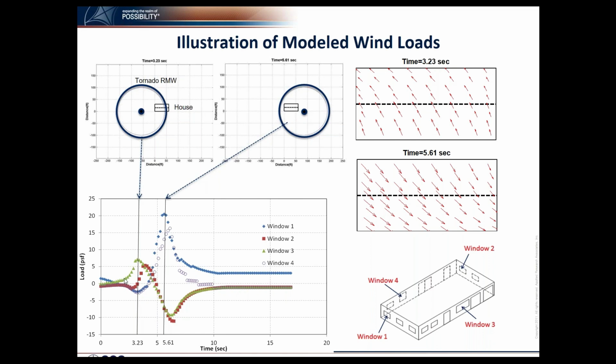And you can see we plotted the tornado loads on 4 different windows, and window 1 and window 4 have the largest wind load when the tornado just passed the building, and this is due to the magnitude of the wind vector and the direction of the wind vector.